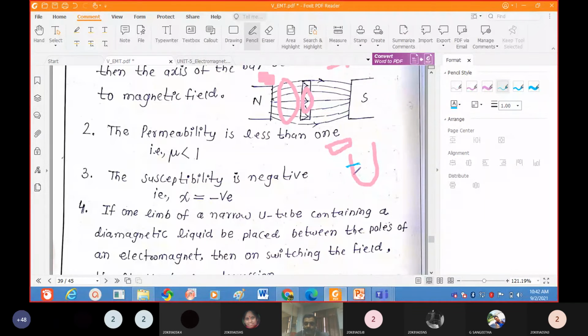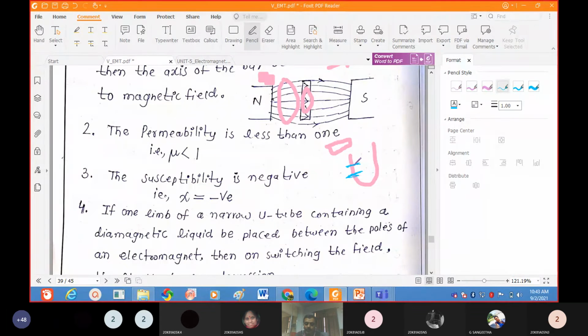After placing the bar magnet, this level will decrease. That means this side level will increase. On the other side there is no bar magnet, there is no magnetic field applied in this direction. That's why the liquid level will decrease from here to here.